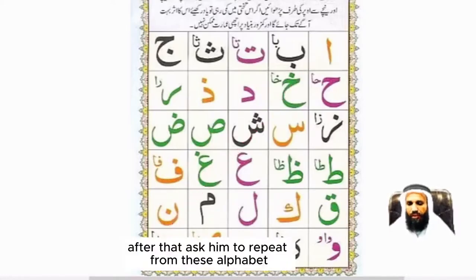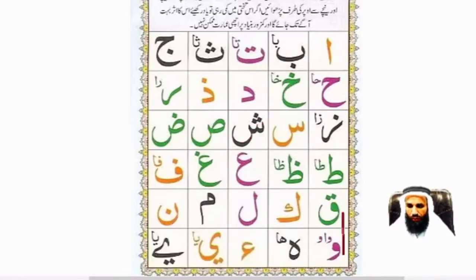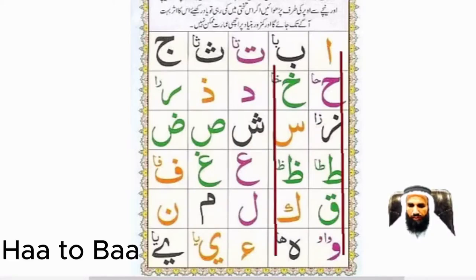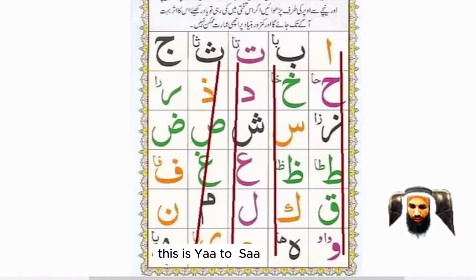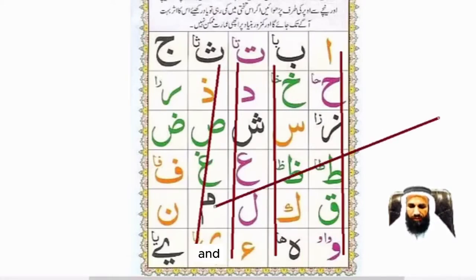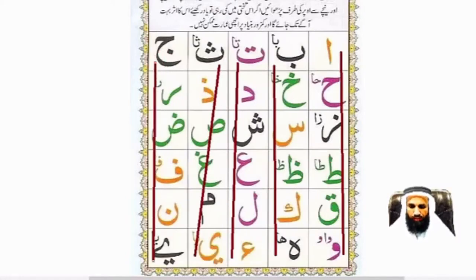After that, ask him to repeat from these alphabets Waw to Alif, Ha to Ba, Hamza to Ta, this Ya to Tha, and this Ya to Jim.